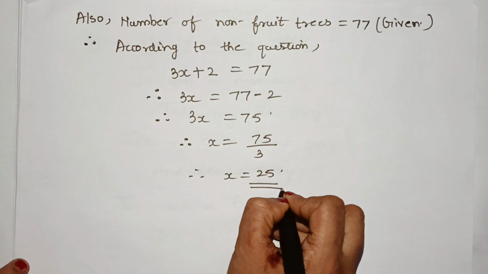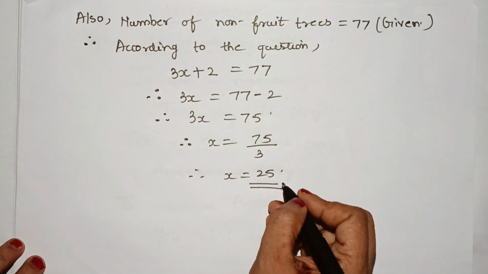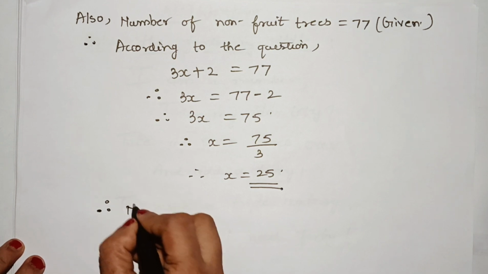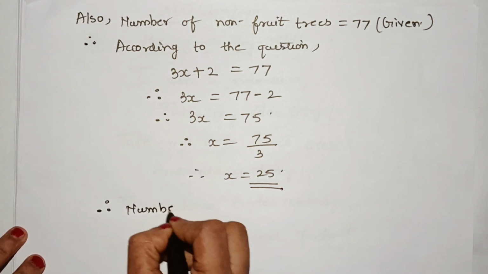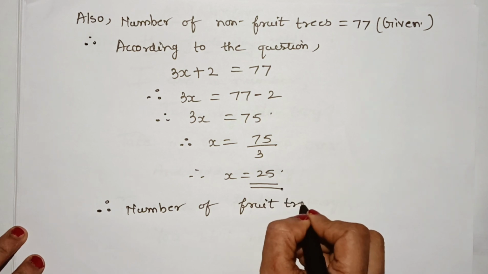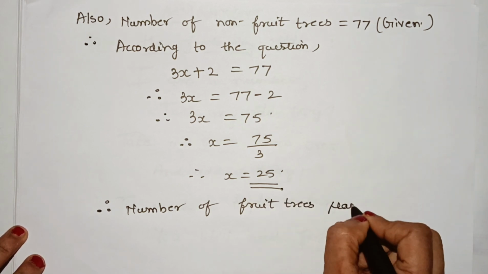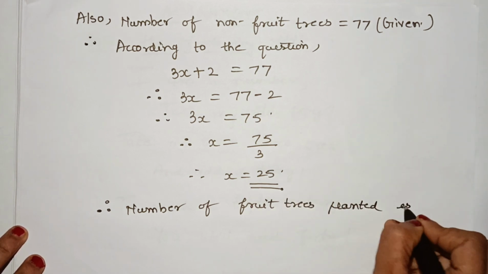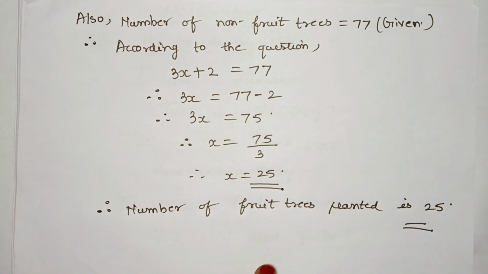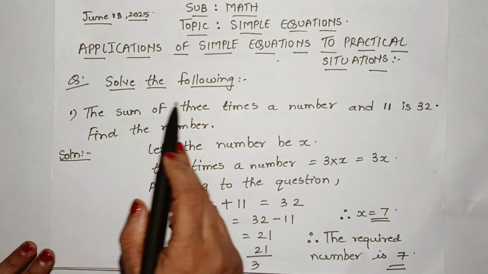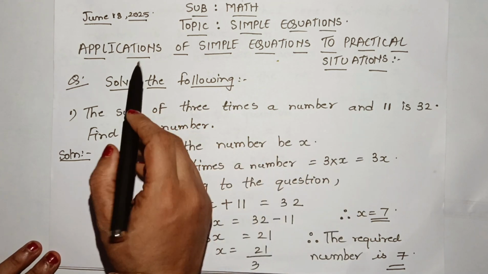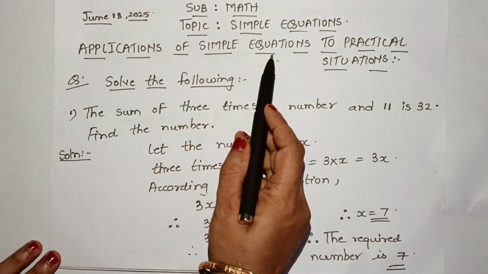And what is the question they have asked? What was the number of fruit trees planted? Therefore, the number of fruit trees planted is 25.